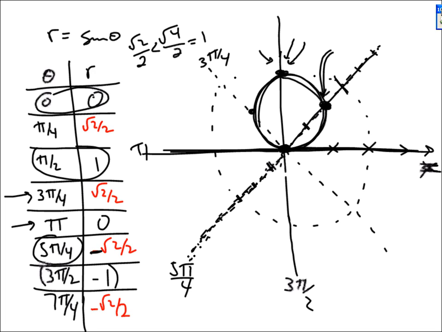Now, you may say, but wait a minute, what if the angles were negative? Please remember that the sine of a negative angle is the sine of the angle with a minus sign in front of it. That is, you just get negative what you got if you took the sine of the angle.